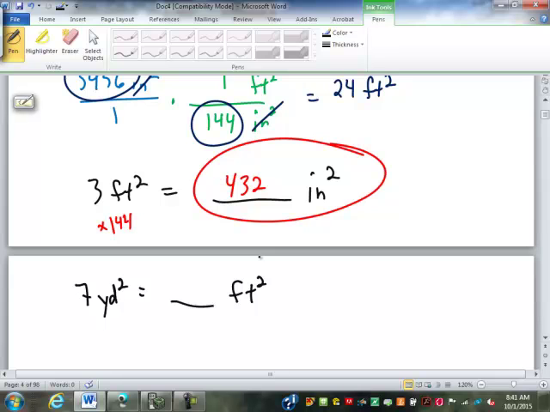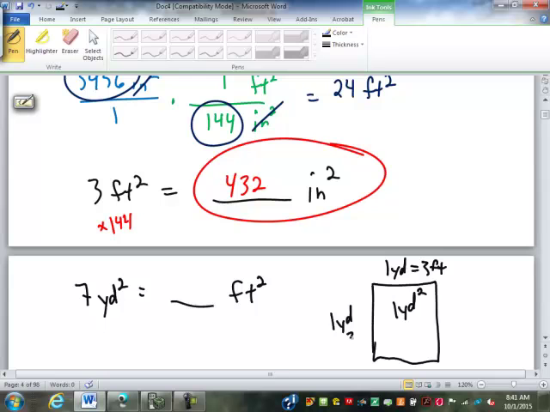Well, how about 7 square yards going into square feet? Like 9 feet. There you go. Yeah, we know that 1 yard equals 3 feet. Well, 1 square yard is 1 yard by 1 yard.